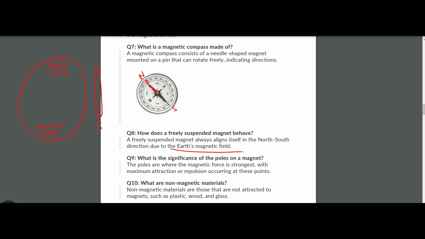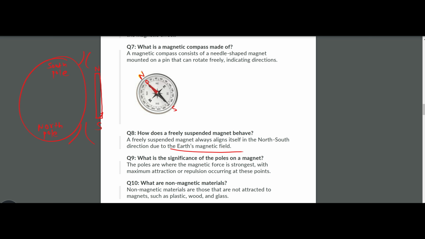Why is it aligned like this? This north pole of the magnet is attracted by the south pole of the Earth. Similarly, the south pole of the magnet is attracted by the north pole of the Earth. So in this way, the freely suspended magnet always aligns itself in the north-south direction due to Earth's magnetic field.